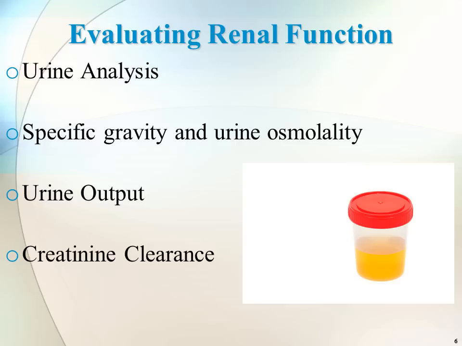In the past, we would say it's done with a 24-hour urine collection. And you'll remember the rule about a 24-hour urine collection is you have the patient void, and then right after the patient has voided, that's when you begin the 24-hour count. However, more recent studies have shown that we don't need to wait a whole 24 hours. It is possible to have accurate results in a shorter collection time.